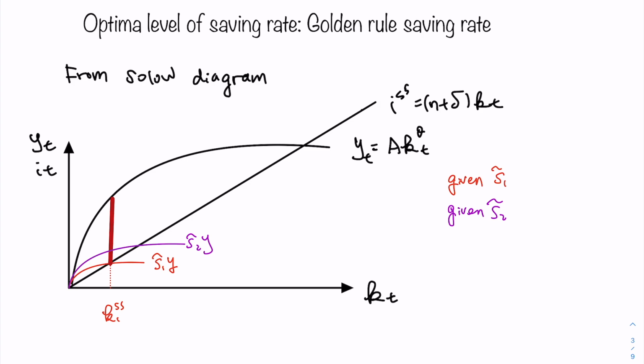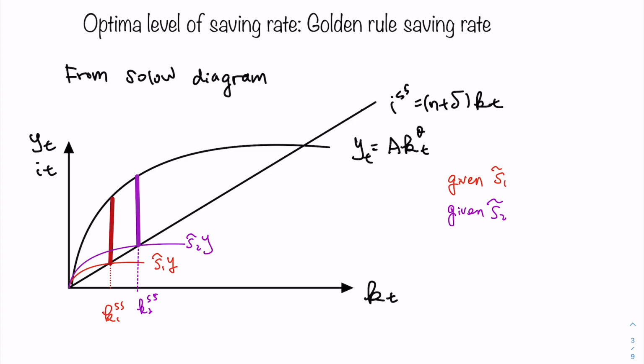So when we look at another Solow model given another saving rate s2 tilde, we get another capital stock in the steady state, K2 steady state. And for this particular level of the capital stock in the steady state, we get another consumption in the steady state, which is highlighted in purple.